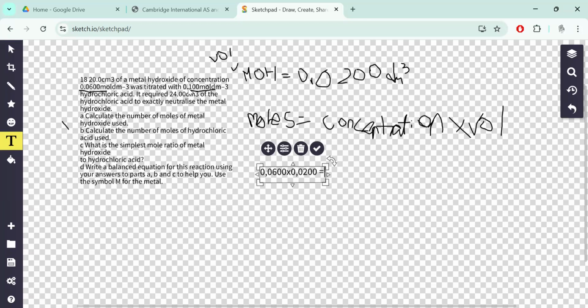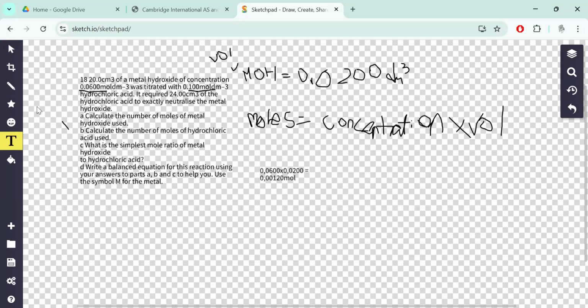So I don't really have to write the units now. Here we have concentration times volume, and when these two are multiplied, we have 0.00120. The unit would be in mole.